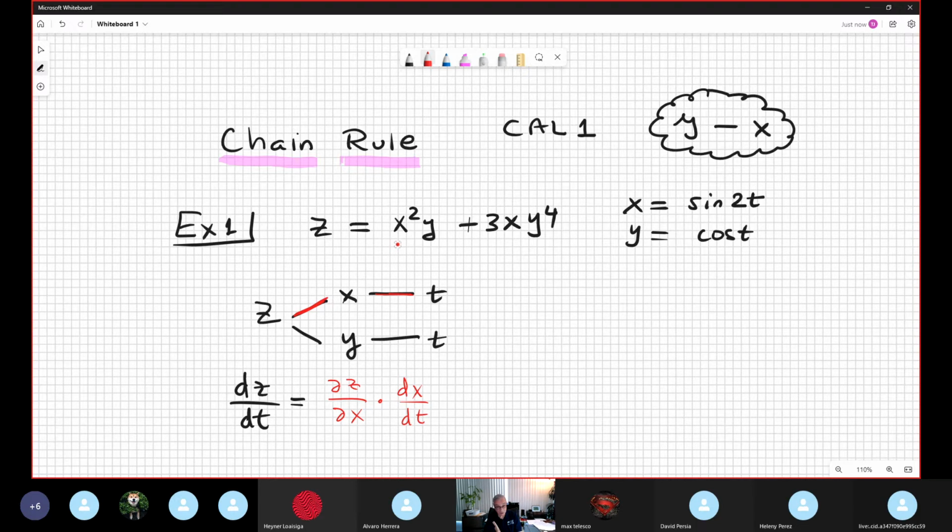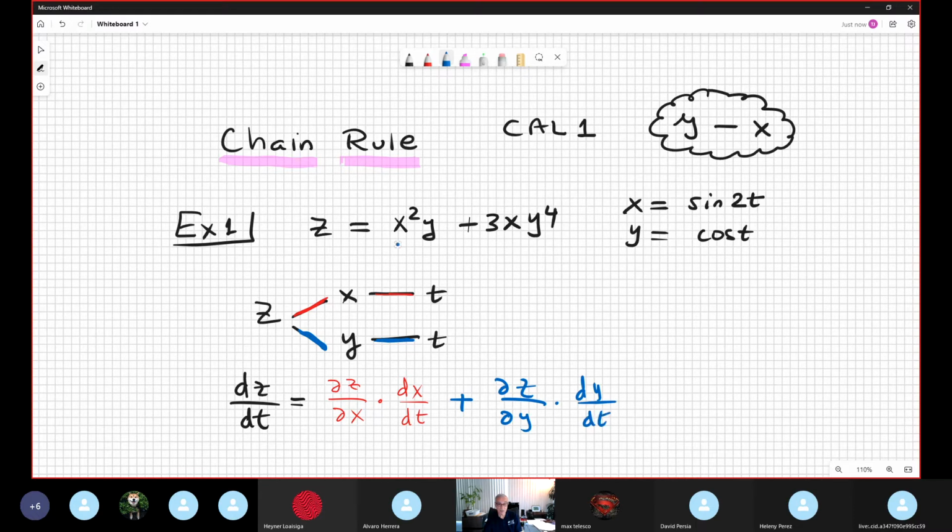Another example may be different, maybe everything is partial, but I am focusing on one example. Now I have another trajectory, this and this. This is plus partial z with respect to y times dy/dt.